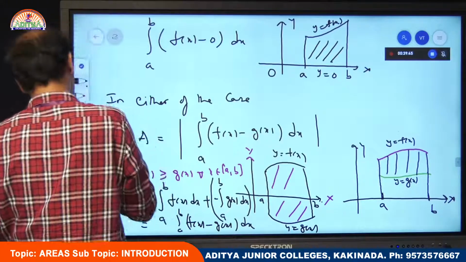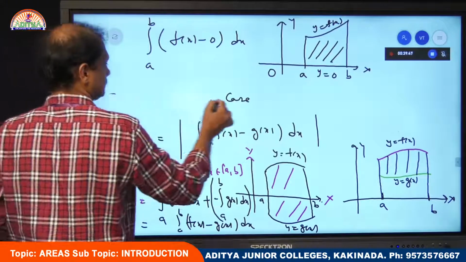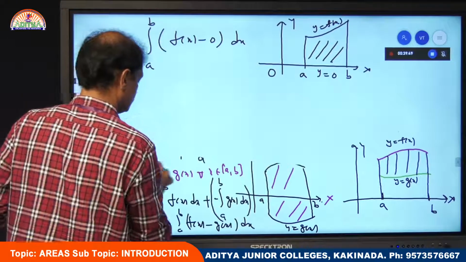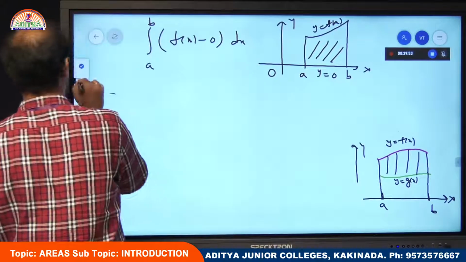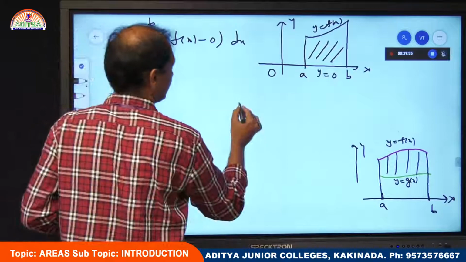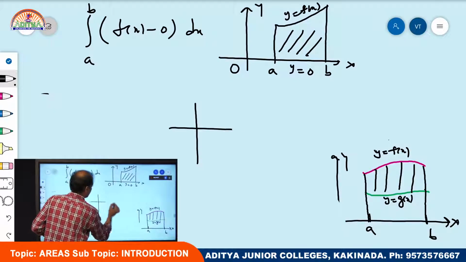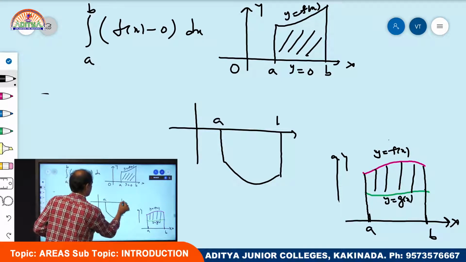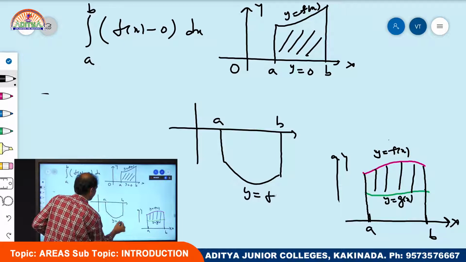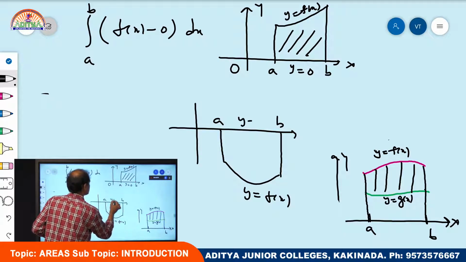Suppose you consider the second case, what happens? Now, in the second case, the graph is like this. Here it is y equal to f of x and this is y equal to 0.